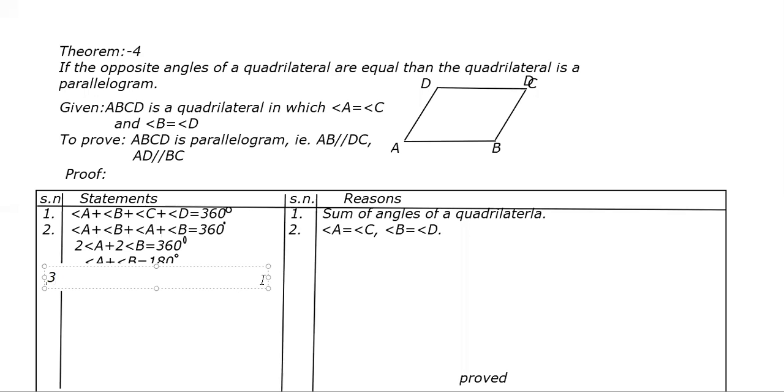Angle A plus angle B is 180. It means this co-interior angle sum is 180.